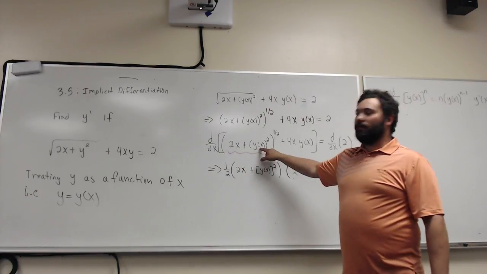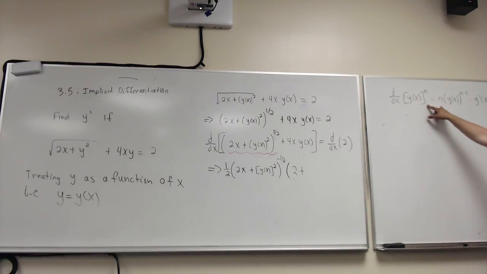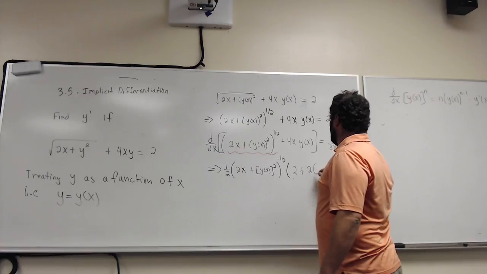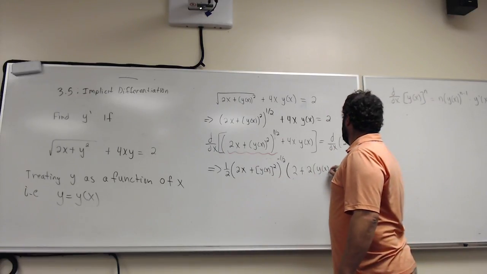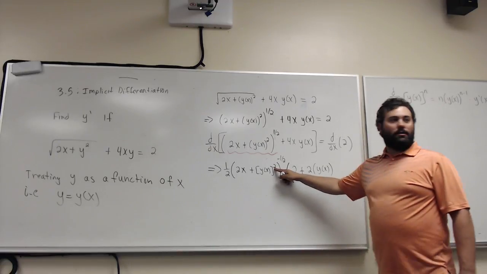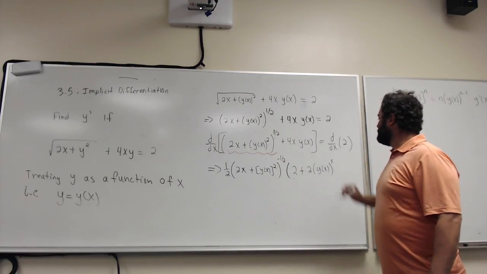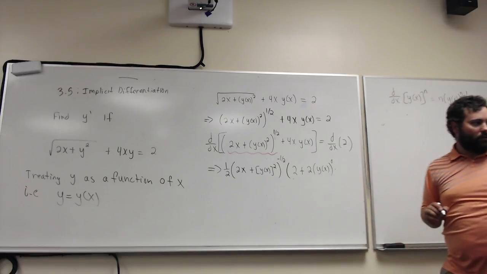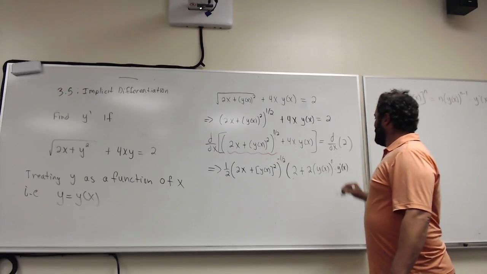Now you actually see the function notation on the inside, so you're just using, again, the general power rule. So the 2 comes out front. What happens to the inside part? It stays the same. What do you do to the old power? Subtract 1, so that's a first power. And then Reese, you were saying you also have to take the derivative of the inside. The derivative of y of x is y prime of x.